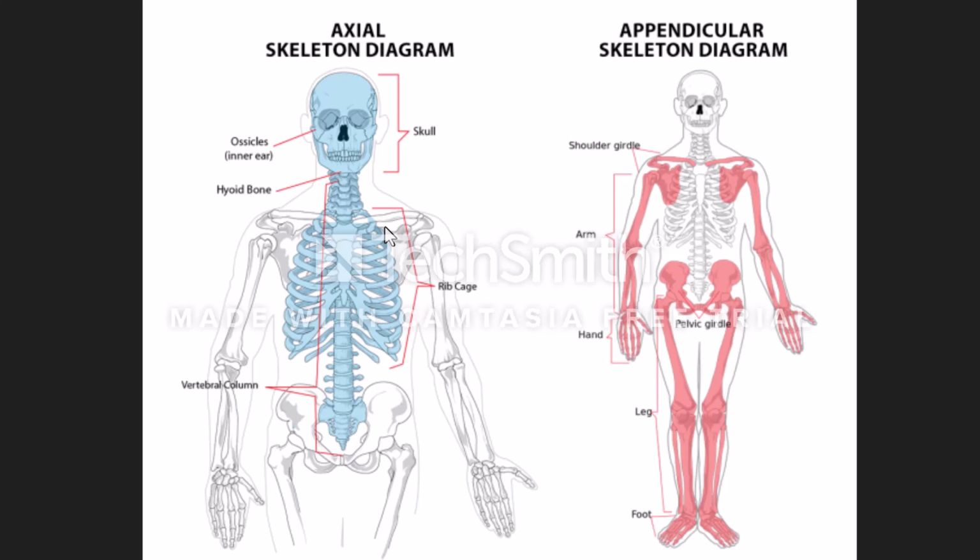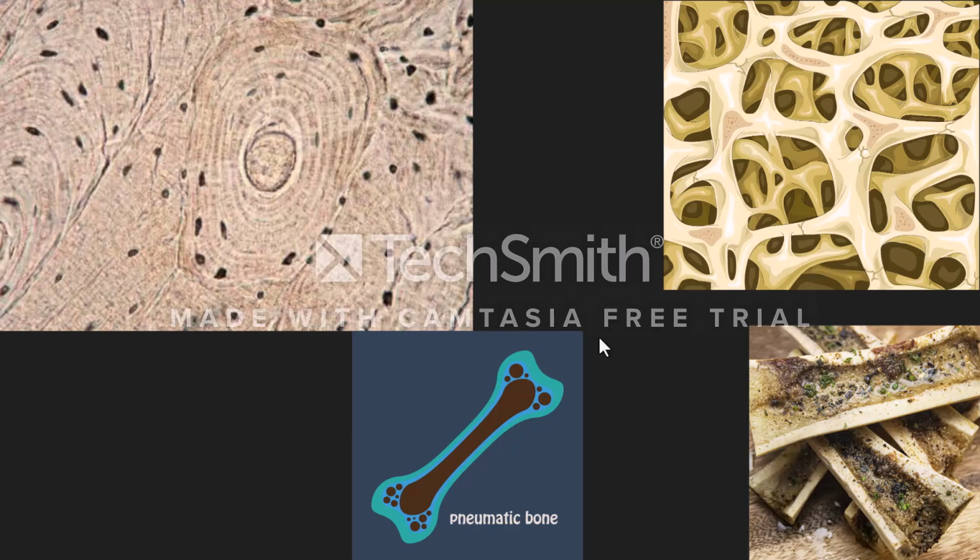So the appendicular provides flexibility and movement, while the axial protects the internal organs, and it's 80 bones along the axis of the body. So axial protects the internal organs, and the appendicular provides support and flexibility.